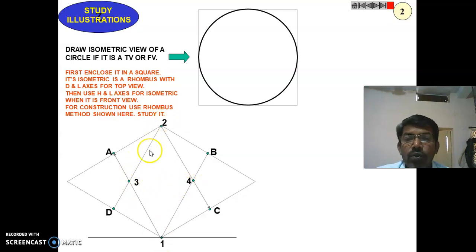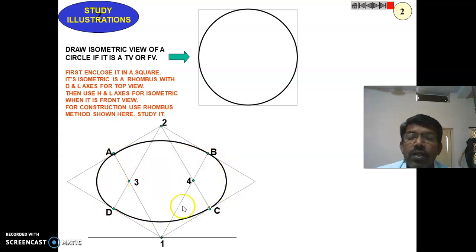So 1 2 3 4, taking these points as centers: with 1 as center and A as radius you can draw this one, and with 2 as center and D as radius you can draw here, and with 4 as center this one, and with 3 as center this one. So this is the way to construct the isometric view of a circle.